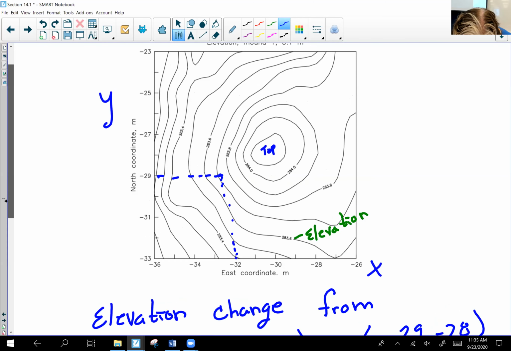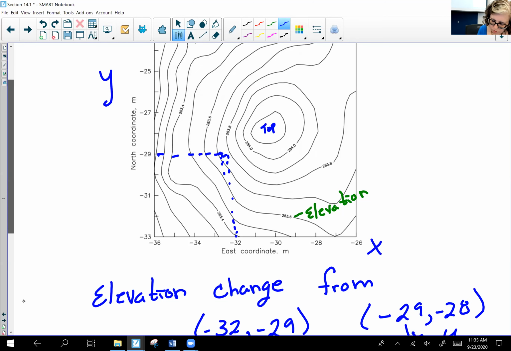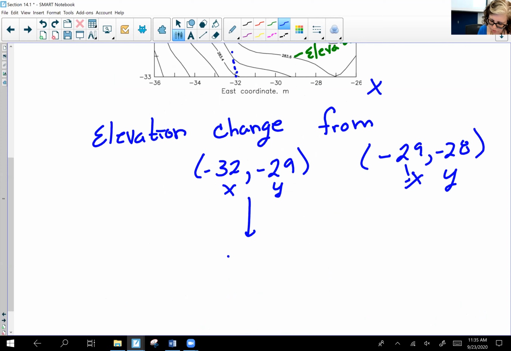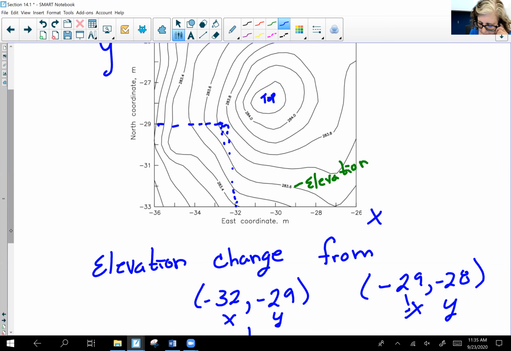If this is 2.836 and that's 2.838, I'm going to estimate that I'm looking at about 2.837. So my elevation on this one's going to be 283.7. Now, where did that come from? That came from, I'm not quite at 283.8.